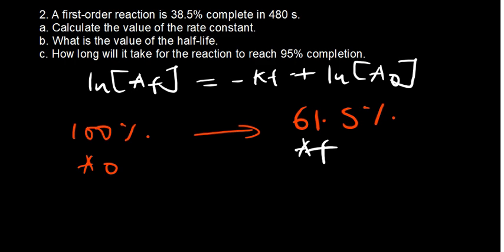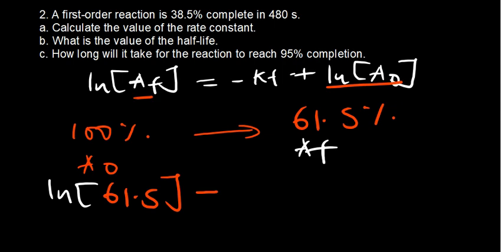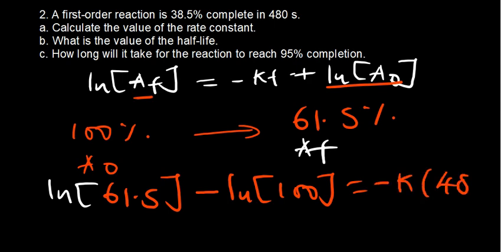So we have the natural log of the final concentration, which is 61.5. If I take the other one to the other side, it will be a minus natural log of the initial, which is 100, equal to minus k, and our time is 480. I've just substituted into the given equation.